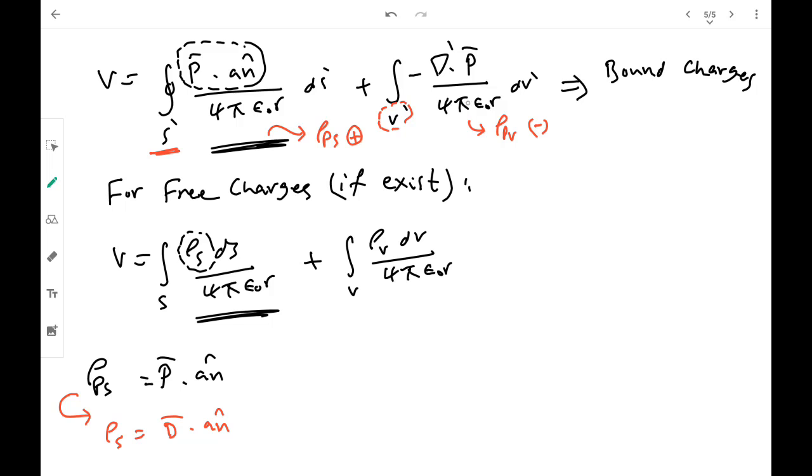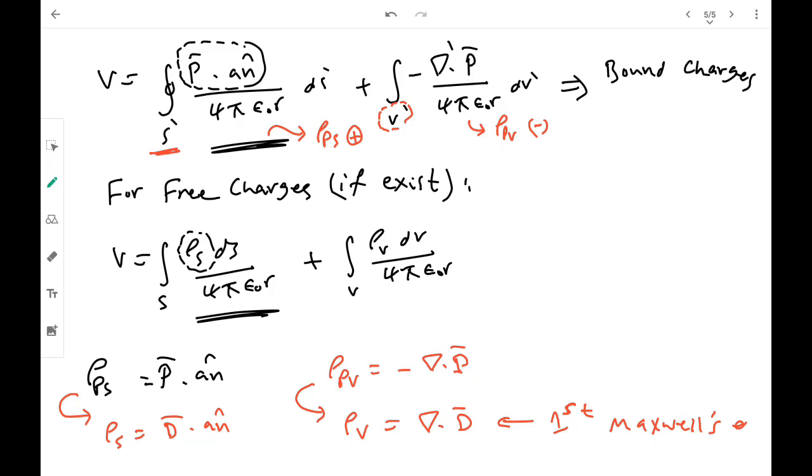And if we compare the second term for bound charge with the second term of free charge, we will notice that rho pv equal minus divergence of P, and this equation is dual to rho v equal divergence of D, which we call the first Maxwell's equation in integral form, and rho pv equal minus divergence of P.